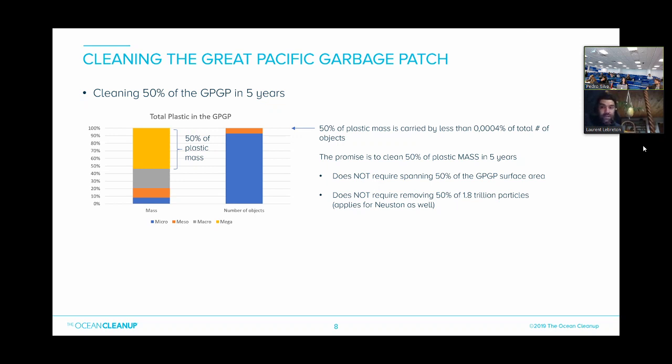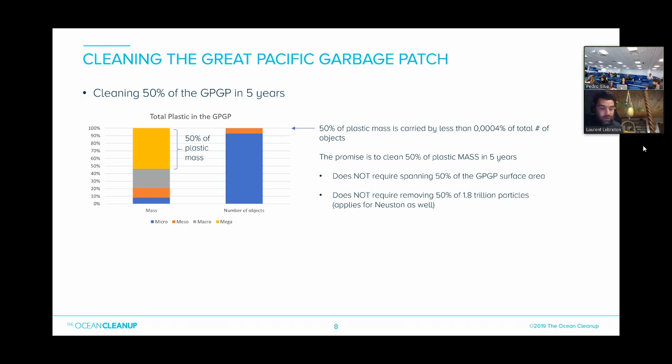I know Andrew plays in the room with the trajectory of plastic and also some removal systems that we're reproducing, and we can apply that to Nuston and look at it as well. But what I'm saying is, by just looking at that graph here, in the promise, if we remove 50% of the plastic mass of those large objects and we expect them to at some point travel to us, we're only targeting a small tiny area of the full North Pacific Ocean.